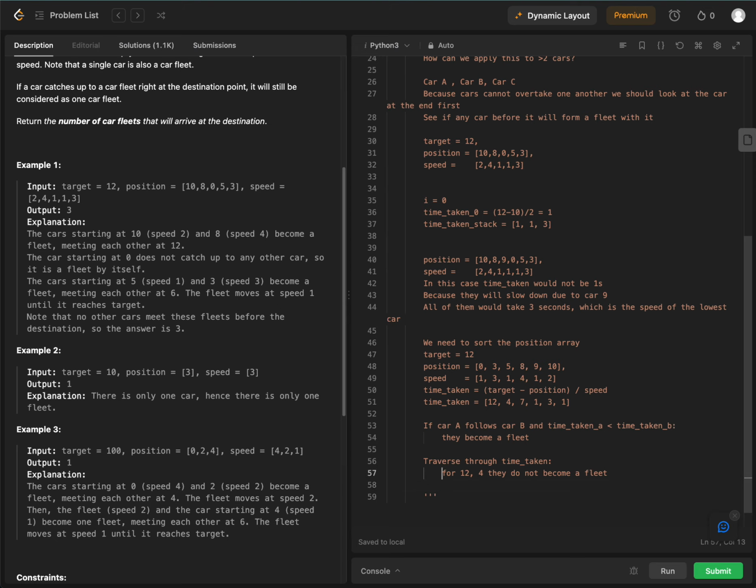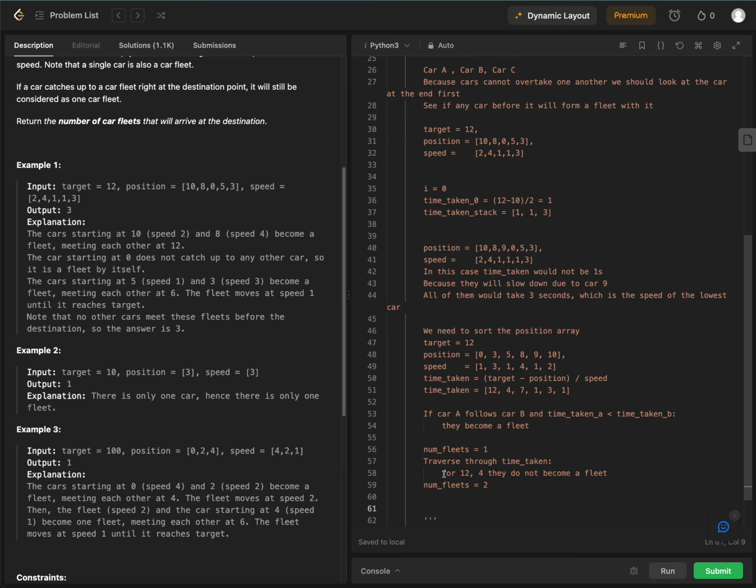So you start off by initializing num fleets as 1, right? Then num fleets equals 2, right? Now we are looking at the fast car, which is 4, right? 4 and 7, do they become a fleet? 4 and 7 do become a fleet, right?